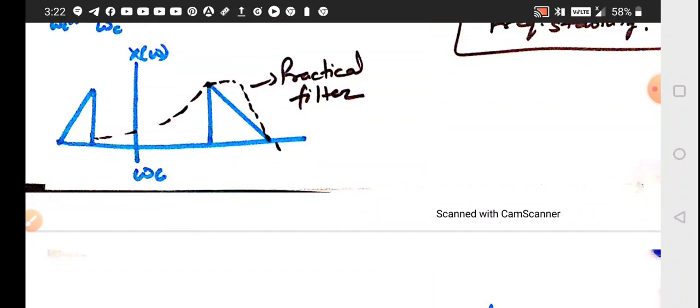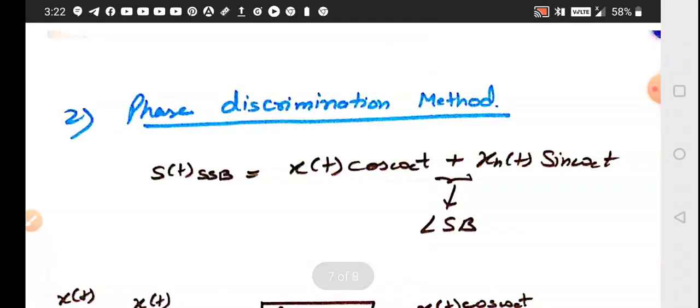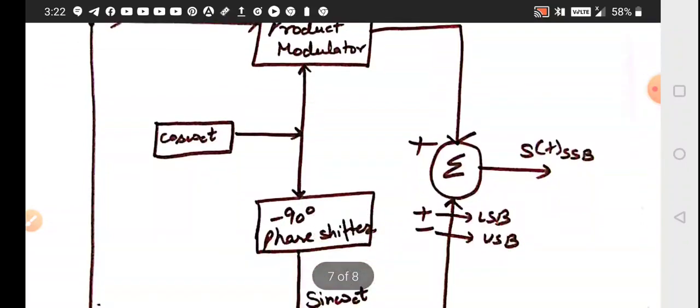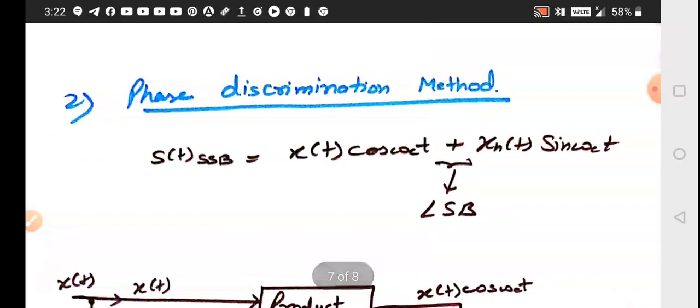So the next method is the phase discrimination method. In this method we consider the time domain description of the SSBSC signal. We know the time domain equation of the SSBSC signal: s(t) = x(t) cos omega c t, plus the Hilbert transform of x(t) times sin omega c t when we need the lower sideband, and minus when we need the upper sideband. So you can get either the upper or the lower sideband.